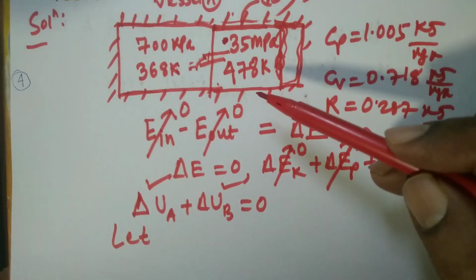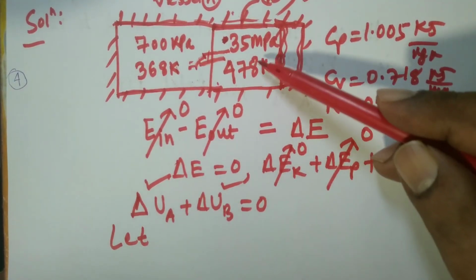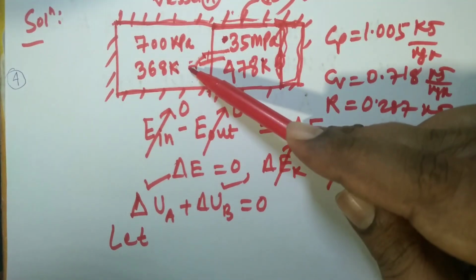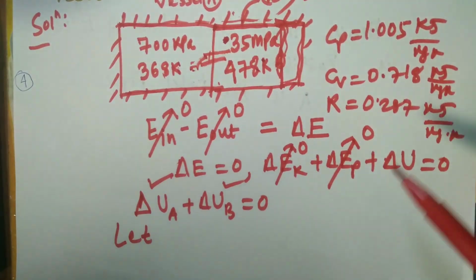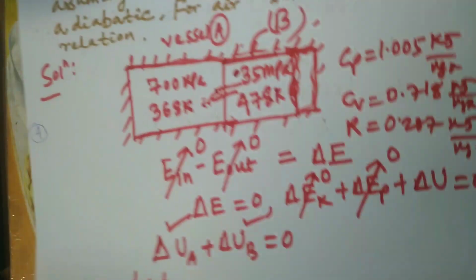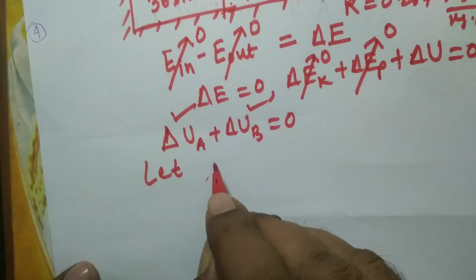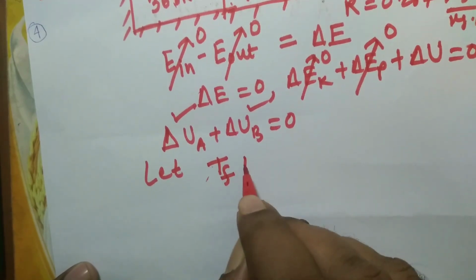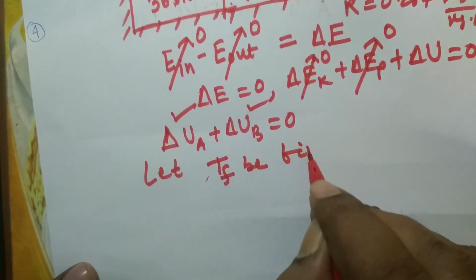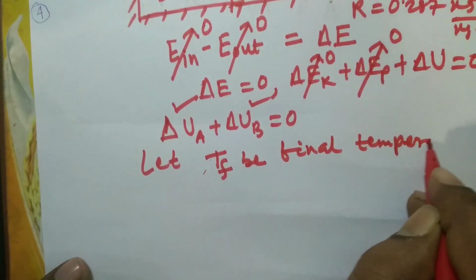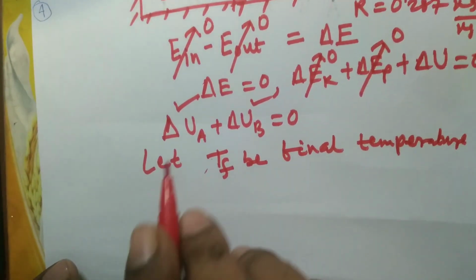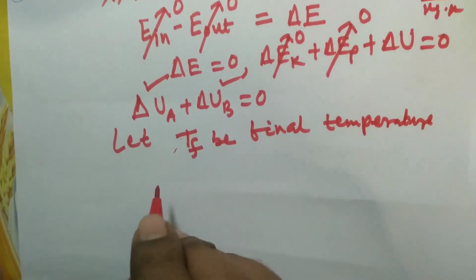An equilibrium temperature will be attained. Its temperature will go down and its temperature will go up, because this temperature is higher than this temperature. So let Tf be the final equilibrium temperature just after the mixing has taken place.